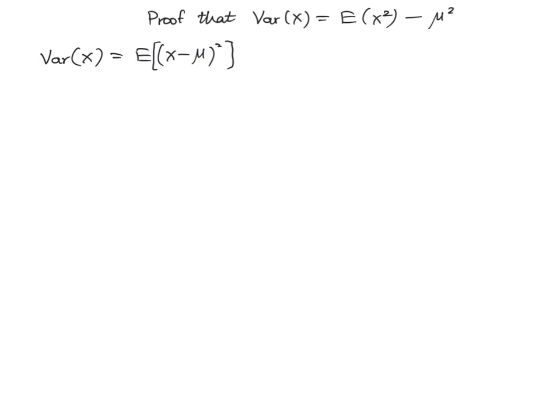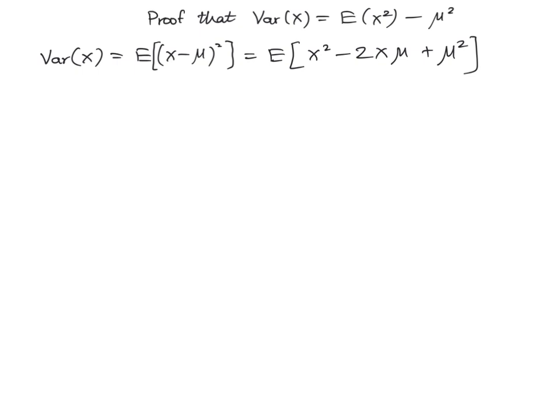Okay, so I'm going to work with the expected value of x minus mu quantity squared. Well, first of all, I'm going to square out that x minus mu. So it's going to be the expected value of x squared minus 2x mu plus mu squared. Now remember that mu is a constant. Mu is the mean of this random variable, which is just a number. It's not going to change. It is a value.